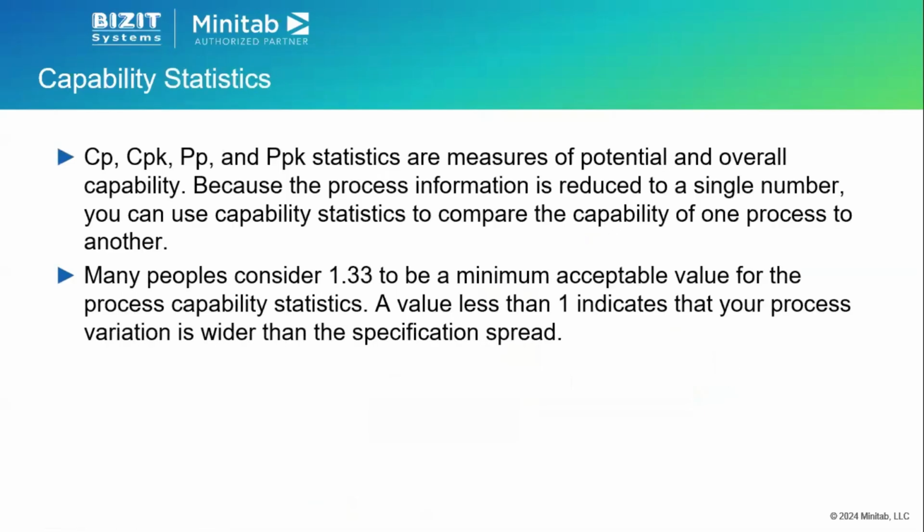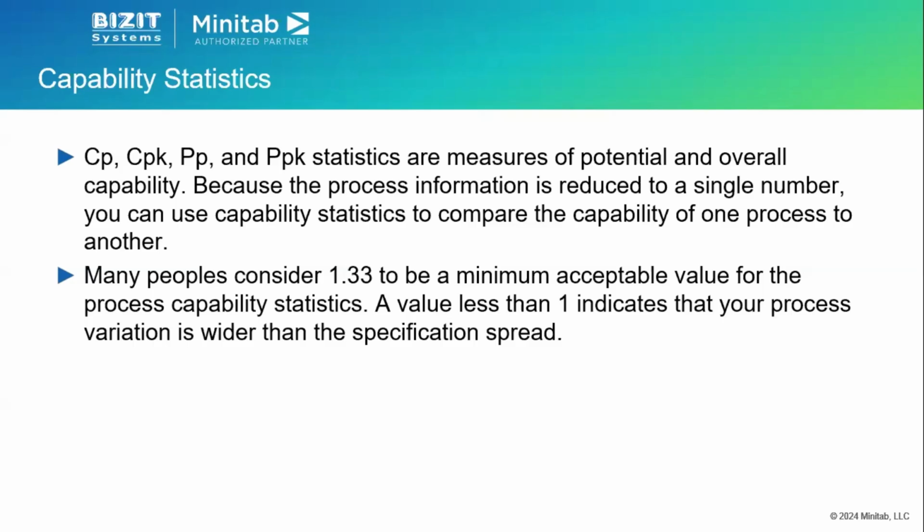CPK, PP, and PPK statistics are measurements of the potential and overall capability. Because the process information is reduced to a single number, you can use the capability statistic to compare the capability of one process to another. Many people consider 1.33 the minimum acceptable value for the process capability statistic.